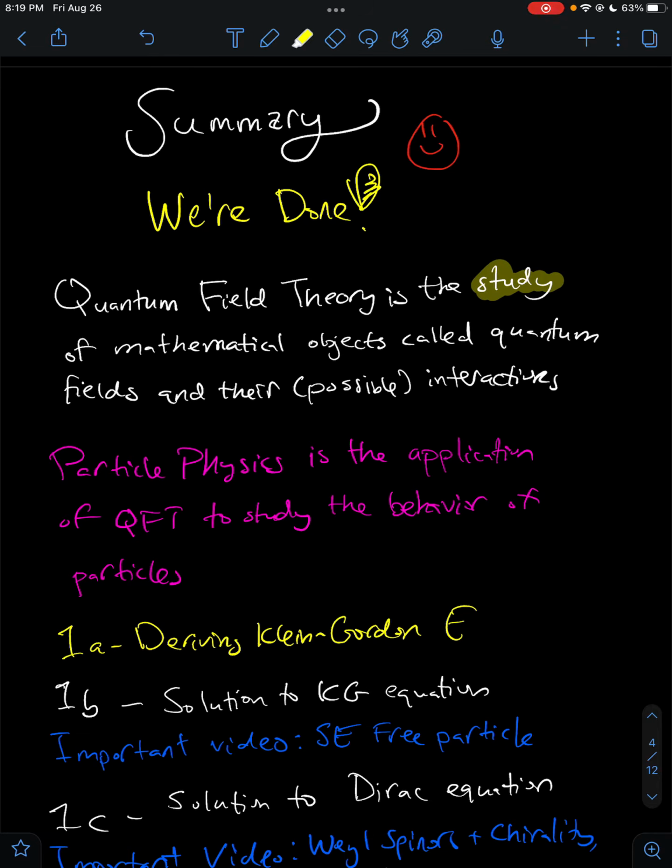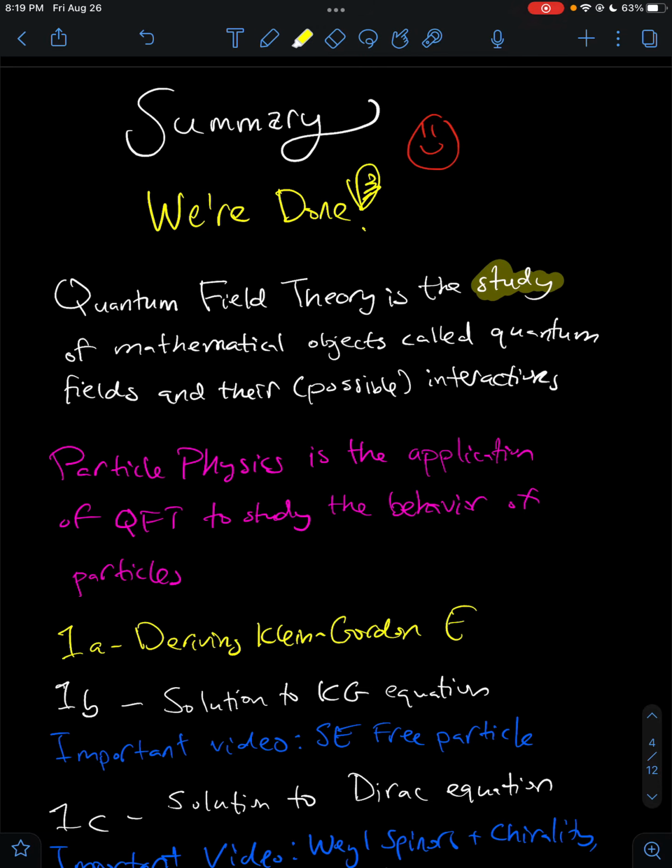So, what is particle physics? Well, most of particle physics is the application of quantum field theory. Now, we can, in principle, describe particle physics without quantum field theory. We could invent a new theory, which would be really great to do, and which I hope to do myself, to describe particles.